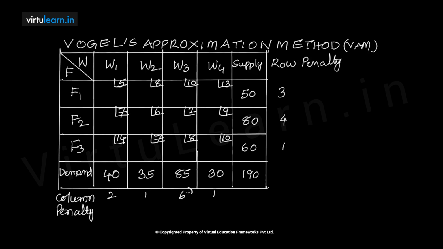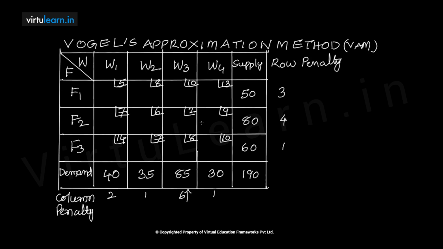So in this column we have to make allocation. So here we will put an arrow mark. That means this indicates that in this column we are going to make allocation. So obviously we will choose the lowest cost cell, that is 2.